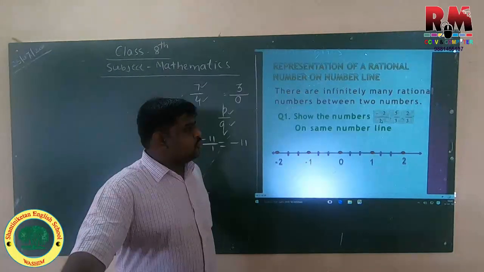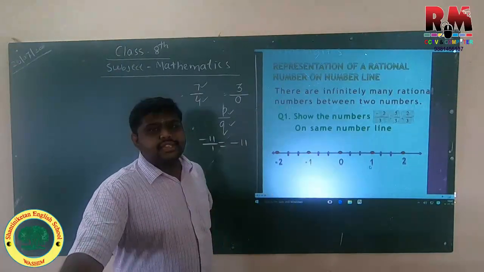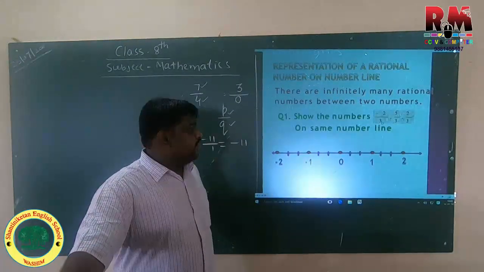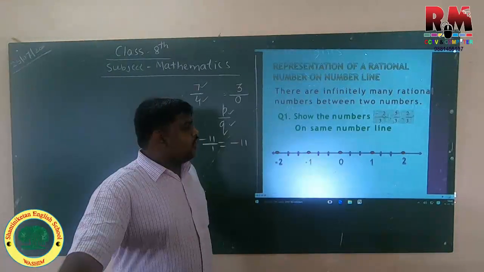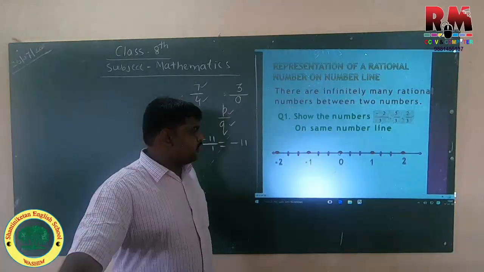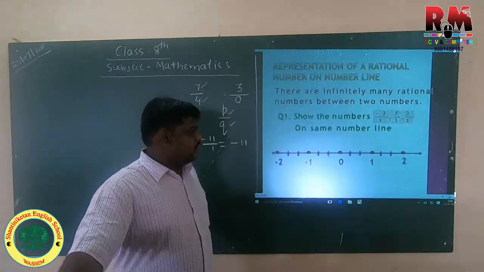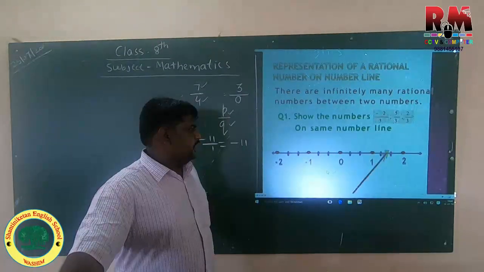Now where is minus 2 by 3? It is a negative number, so it lies on the left side of the 0. Second dot on the left side of the 0. So 0, first dot, second dot. Here is minus 2 by 3.